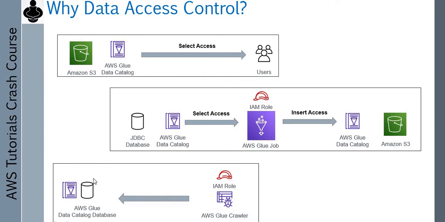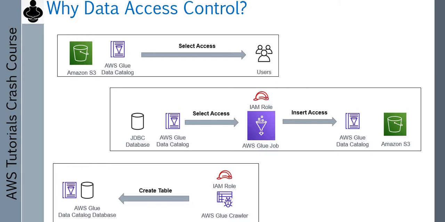Similarly, there could be a scenario where you have a Glue database, and in that database you want to use a crawler to create a table. In that case, you need to have create table permission.